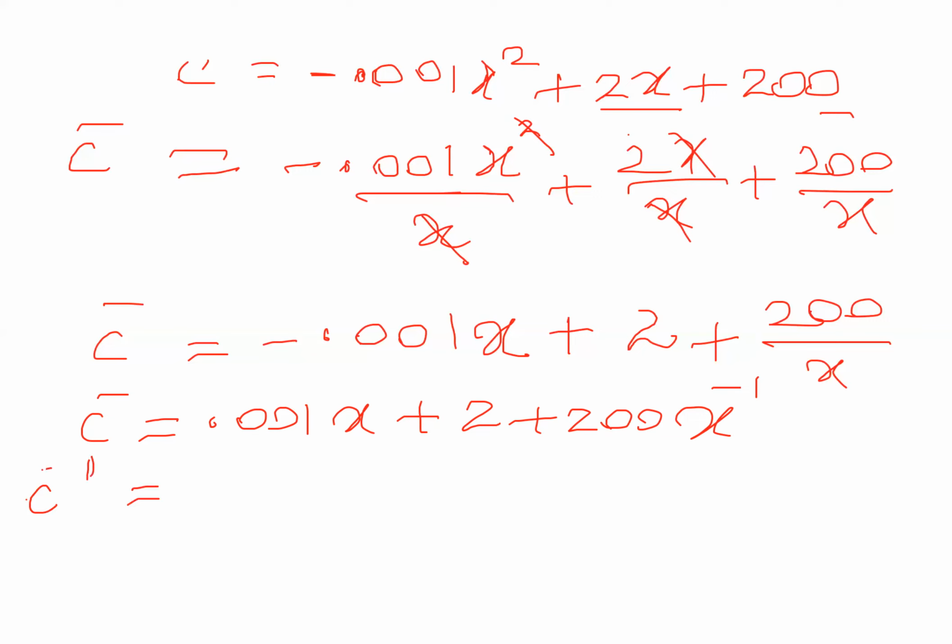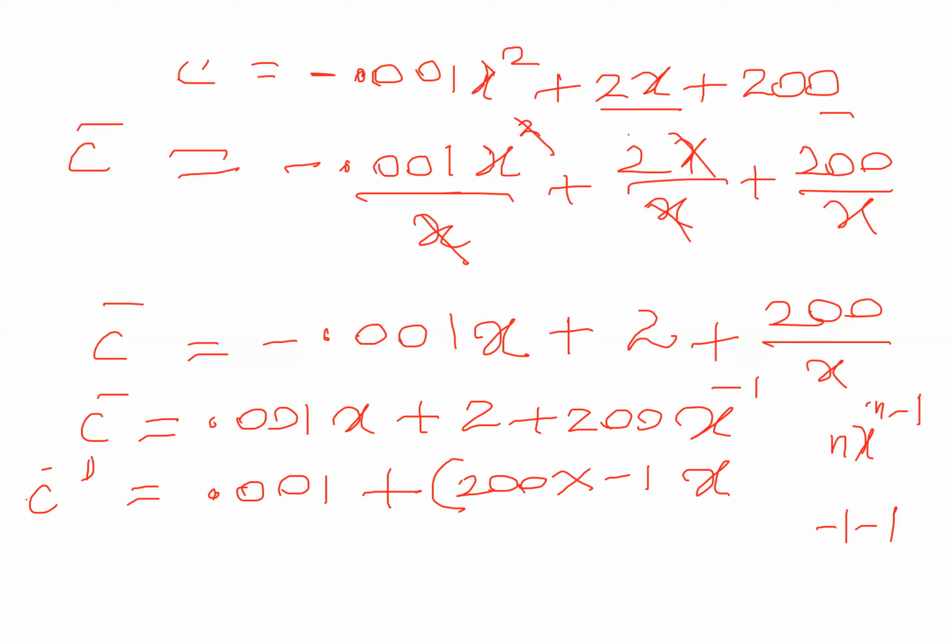When I differentiate, here we get 0.001, because x cancels when we differentiate. And then here plus 200, I want to multiply by this minus 1, and x again according to the rule, nx to the n minus 1, again I need to minus 1, so all together minus 2.